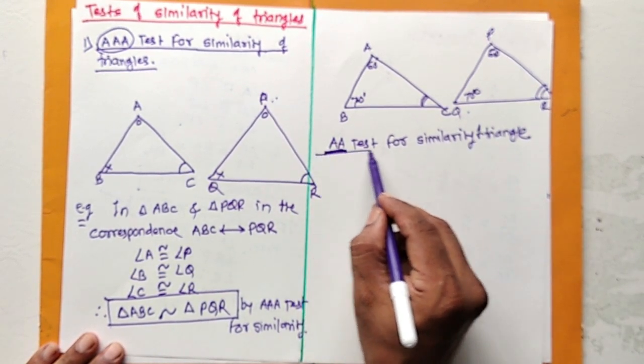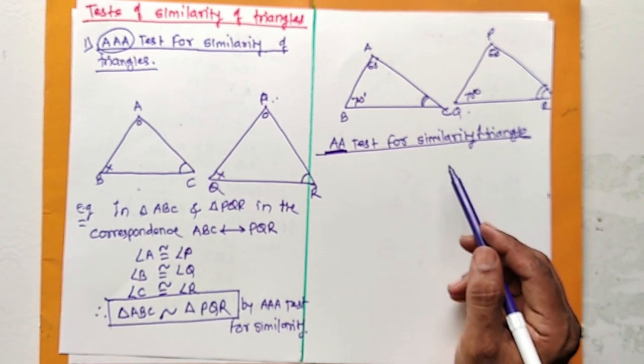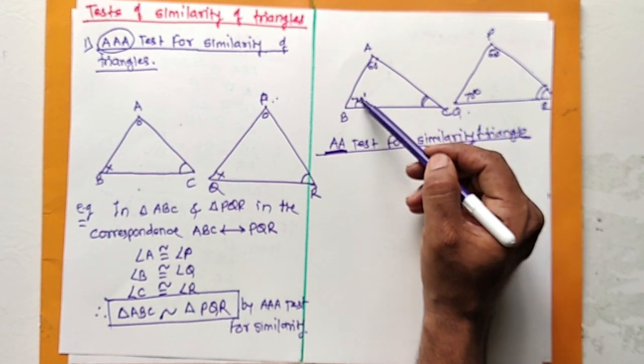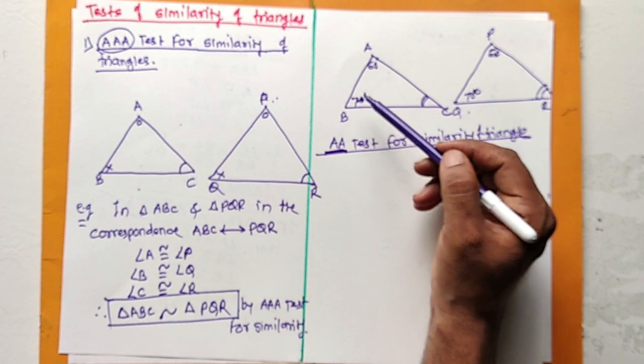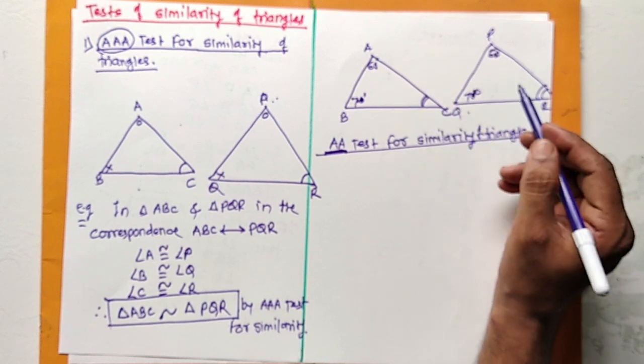The statement of this test is: for a given correspondence between the vertices of two triangles, if two angles of one triangle are congruent with the corresponding two angles of the other triangle, then the two triangles are similar.